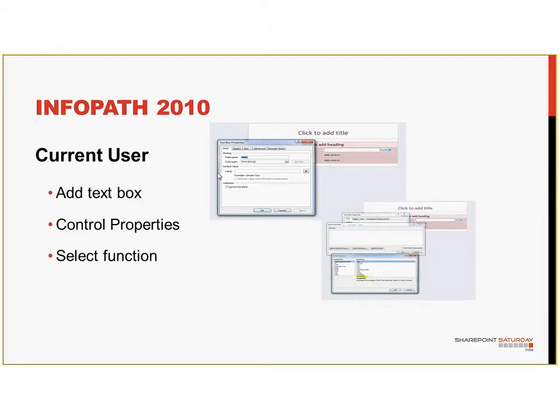The current user one is a great application to put into InfoPath 2010. You simply add a text box, go into the control properties, and you select a function, and one of the built-in functions in InfoPath 2010 is actually current user, and it will pull out the login name of the user.